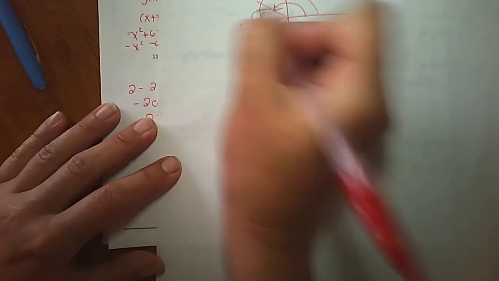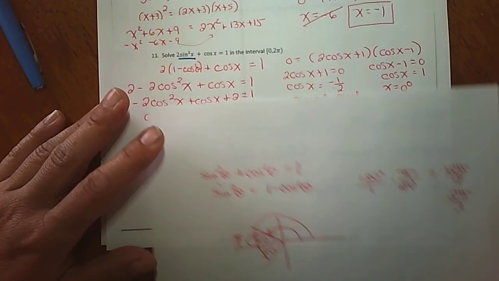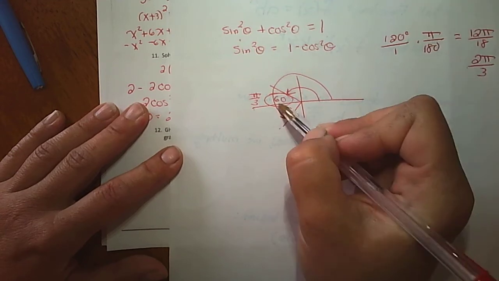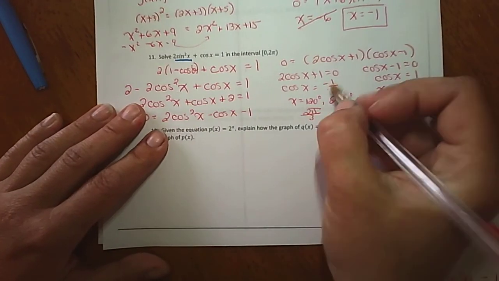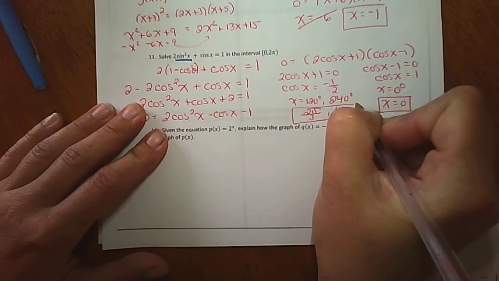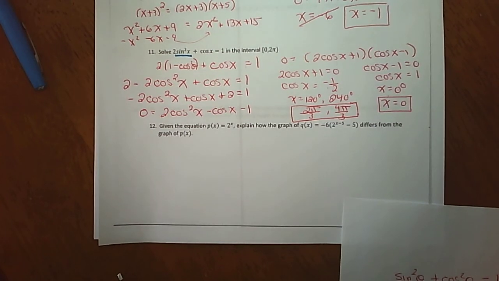See how that's 60 degrees? 60 degrees is pi over 3. 120 is 2 times 60. 60 times what makes 240? That would be 4 pi over 3. So those are the other 2 answers. So this one had 3 answers. 0, 2 pi over 3, and 4 pi over 3.